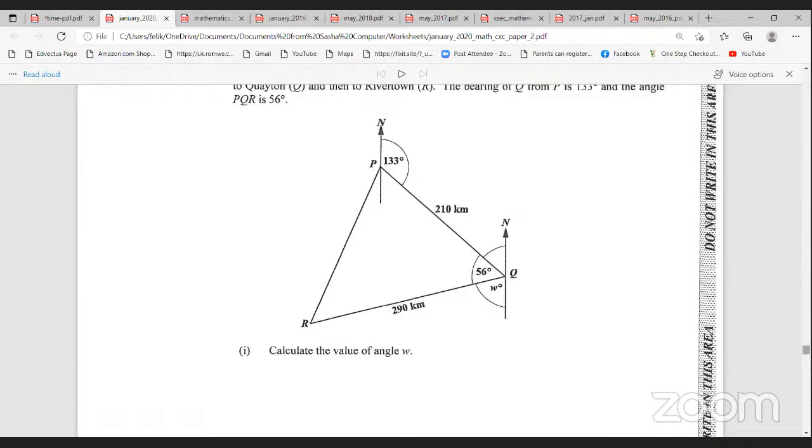For determine the bearing of P from Q, where's the angle going to be? At which point, P or Q? Q. All right, so go with your pen now to Q and show me how you draw your angle.